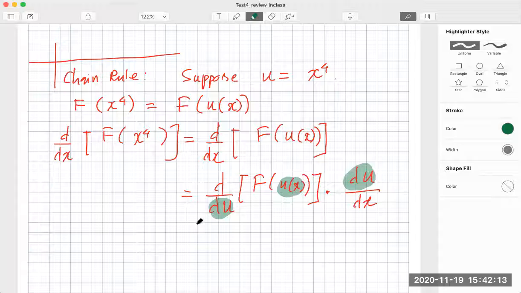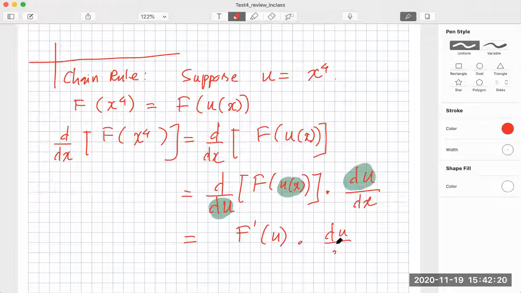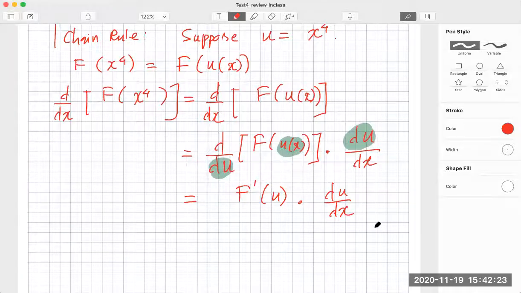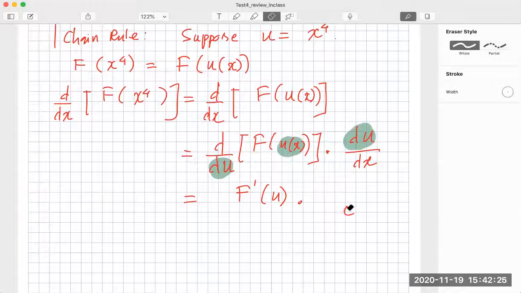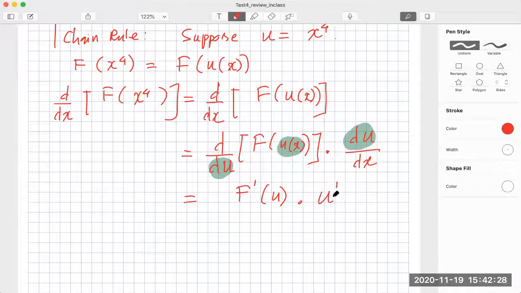Here we can write it as f prime of u times du over dx. Another way to write it is u prime here. And we assume that capital F is the antiderivative of small f here. What does it mean? What is capital F prime here?